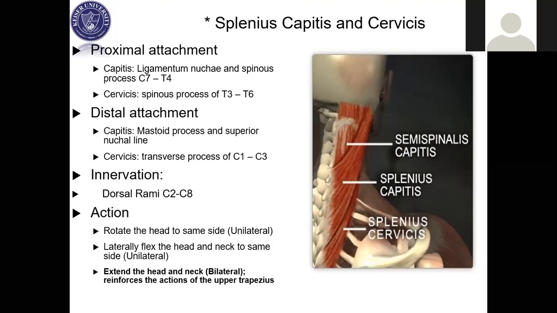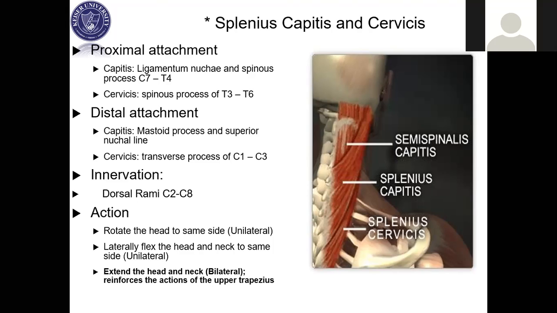All right, remember, scalenes and sternocleidomastoid flex when they work together. Well, Splenius, capitis, and cervicis are neck extensors, are head extensors. Okay?